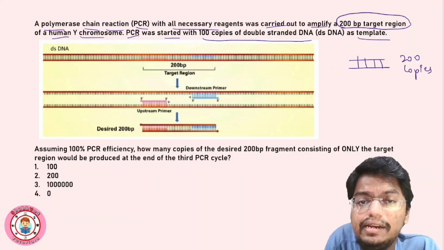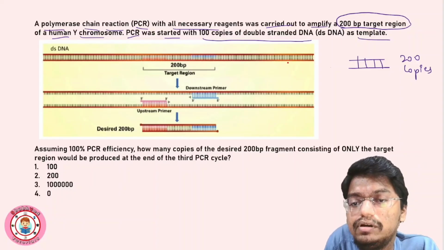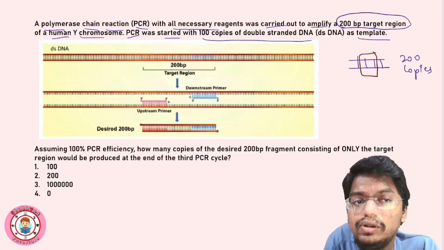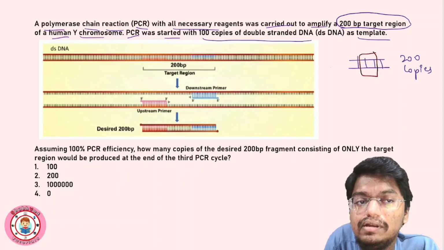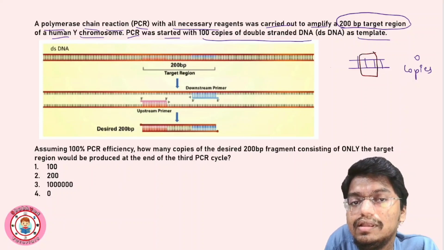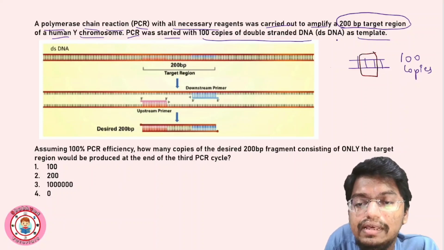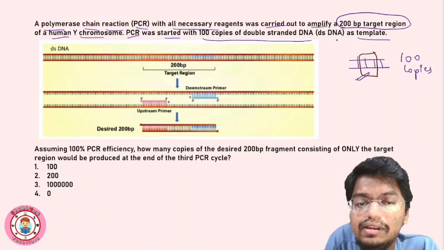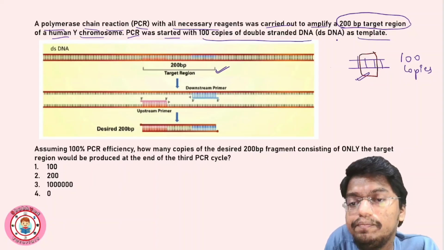And there is a target region given of 200 base pair again. Sorry, here 100 copies. 100 copies, right?